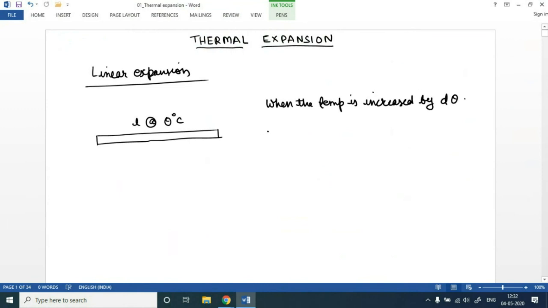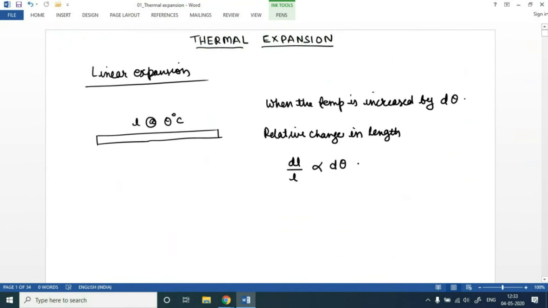Then one thing we are interested in is the relative change in length, and that quantity is dl by L. This dl by L, the relative change in length, is directly proportional to the change in temperature.